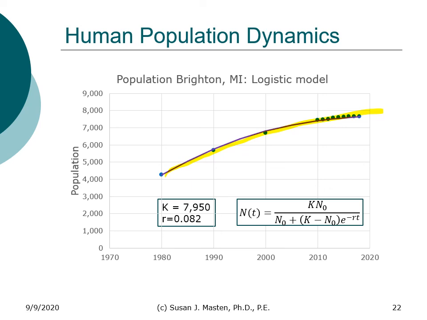And if we think back to the maps that I showed you on Monday, there wasn't a lot of space for growth within the community. Unless they started building high-density housing, there really isn't much room for growth. So it's not surprising that the city has a carrying capacity of close to 8,000.